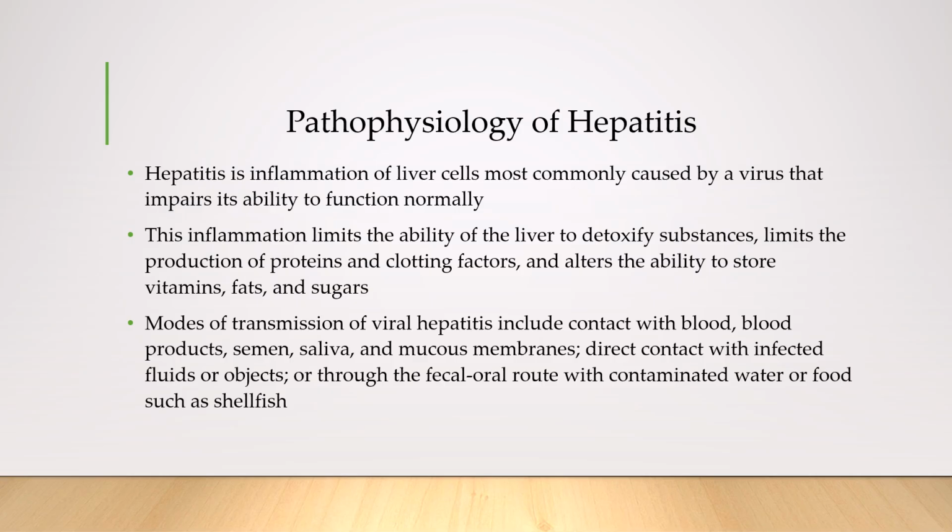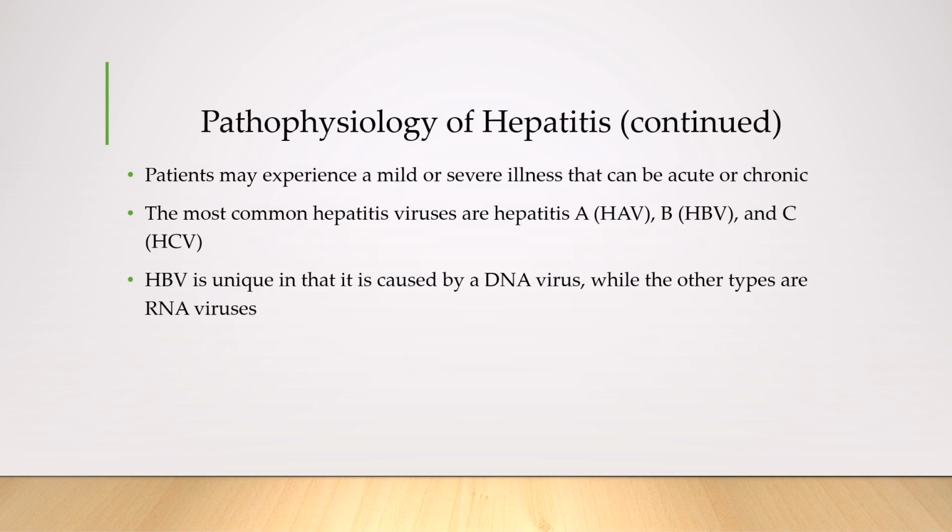Modes of transmission of viral hepatitis include contact with blood, blood products, semen, saliva, and the mucous membranes, direct contact with infected fluids or objects, or through the fecal oral route with contaminated water or food such as shellfish.